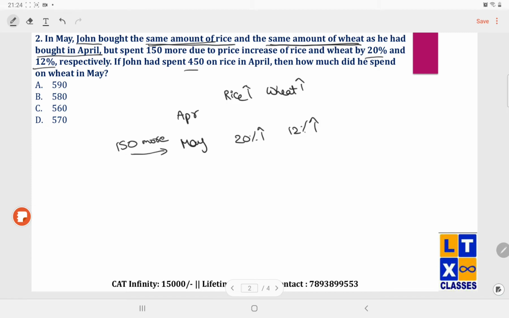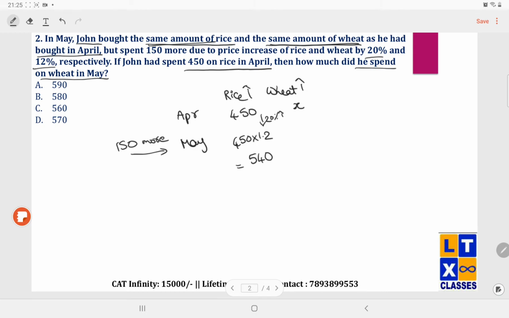If John had spent 450 on rice in April, then how much did he spend on wheat in May? Now, John had spent 450 on rice and this has gone up by 20%, which is nothing but 450 into 1.2, which is 540. We don't know how much is wheat.